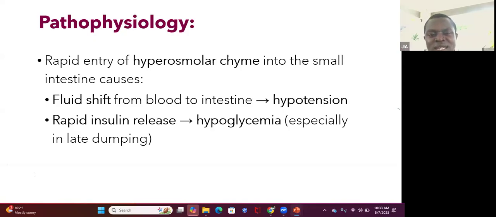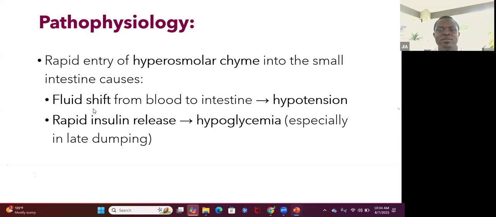So nothing happens in there, and they have their original concentration. How osmosis happens is movement of water molecules from a region of lower concentration of solids to a region of higher concentration of solids across a semi-permeable membrane. So that is what happens here. So you have the chyme drawing more fluid.